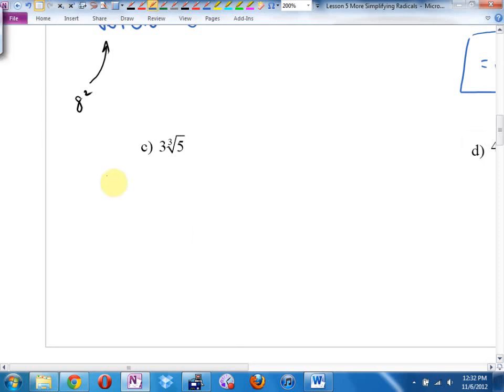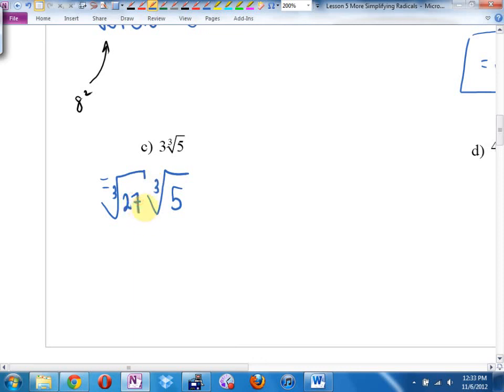So if I want to write this as an entire radical, well, there's definitely going to be a cube root of 5. That just drops down. Where did that 3 come from? That 3 came from the cube root of what? 27. Nice.